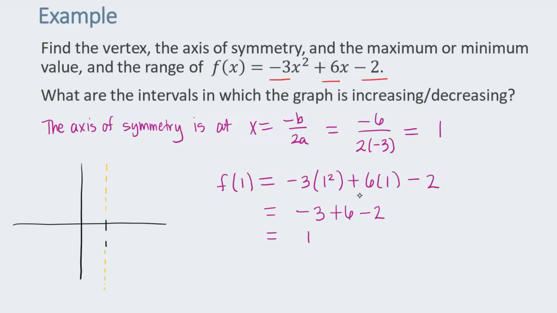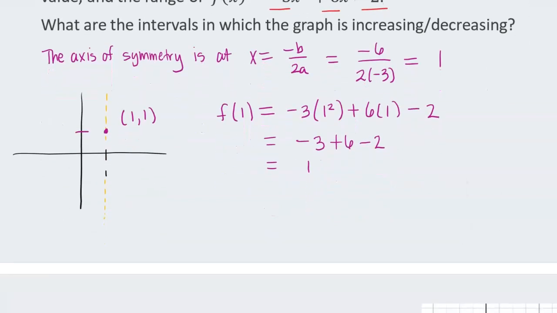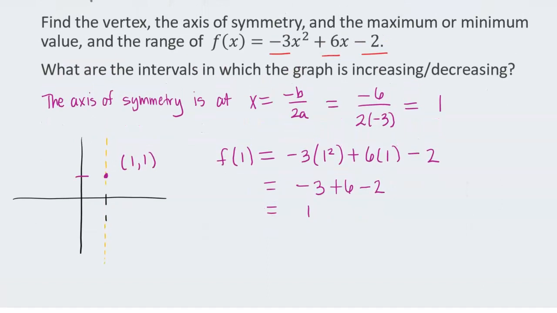So that tells me that the vertex is going to be at the point (1, 1). I don't know what the zeros are in this case, and that's okay. For now, we're just trying to get a rough sketch of the graph. So we know that our graph is going to look something like this, approximately.